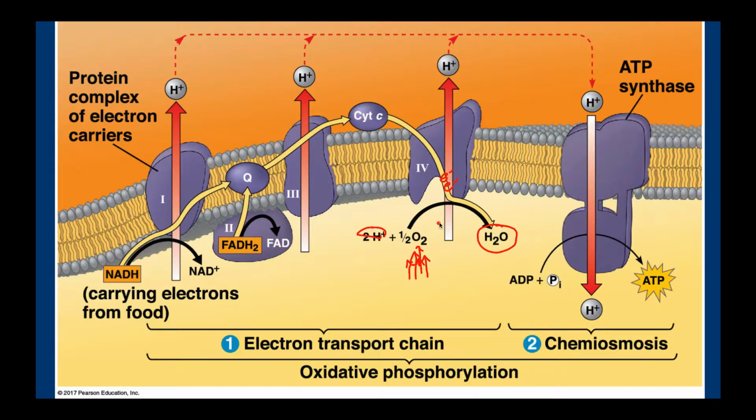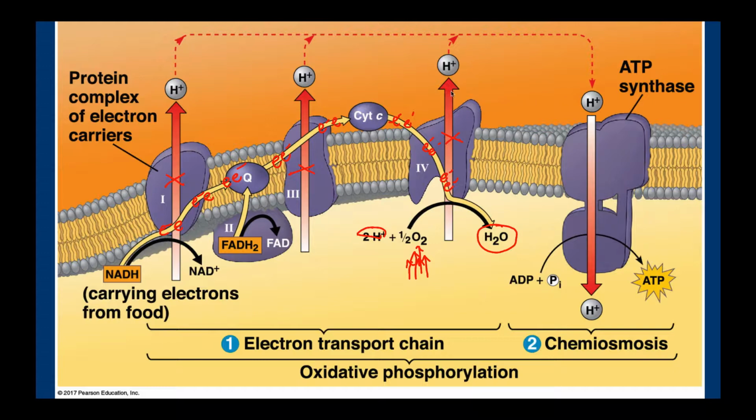Imagine if oxygen wasn't available. Well, what would end up happening is these electrons would back up. And if there's no flow of electrons, this whole system starts to back up, because there's no oxygen, and that ceases the pumping of these complexes in driving the proton motive force.